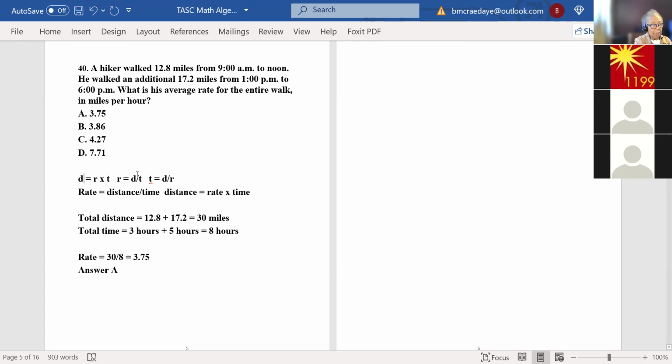And if we were given distance and rate, we could find the time. But here we found it by taking the number of hours, because we had the times he started and finished, so we could find the time, 8 hours.